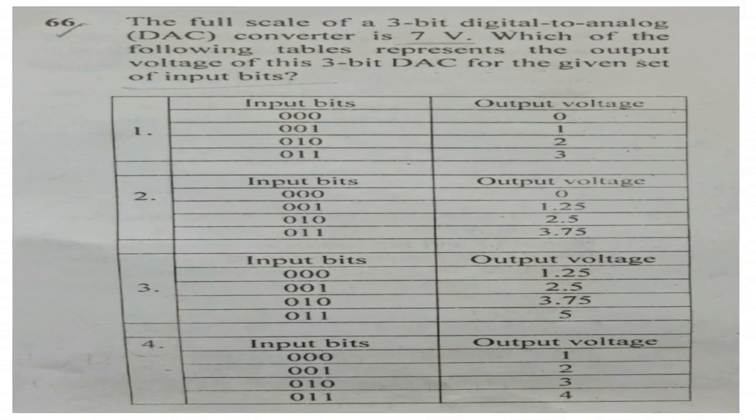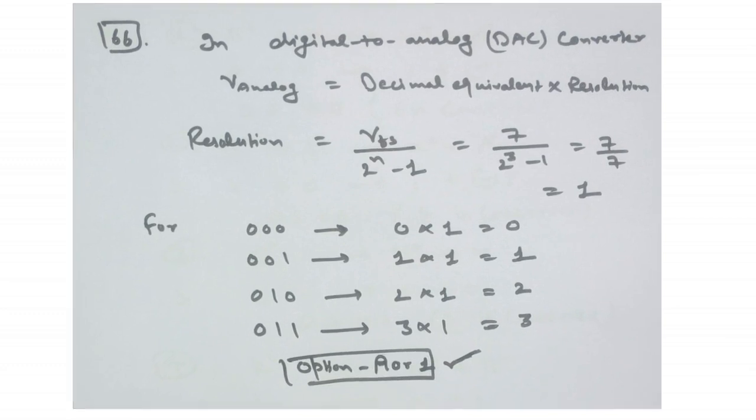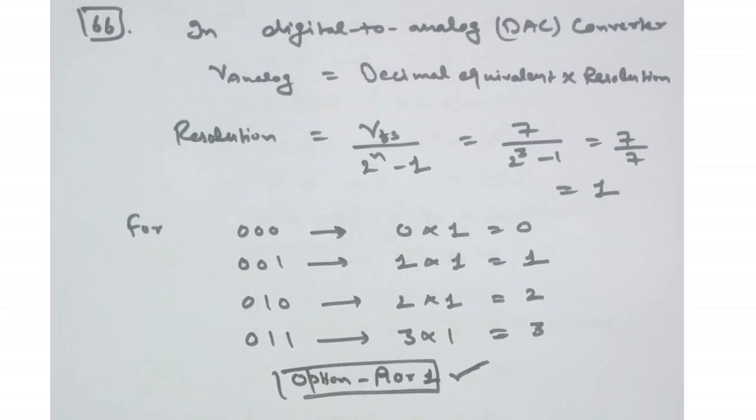Now the next question is: the full scale of a 3-bit digital to analog converter is 7 volt. Which of the following tables represents the output voltage of this 3-bit digital to analog converter for the given set of input bits? So now in the case of digital to analog converter, V analog is equal to decimal equivalent into resolution. Now here the resolution can be determined by full scale voltage upon 2 raised to power n minus 1.